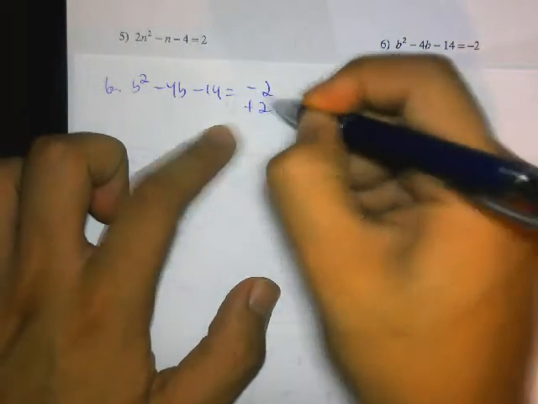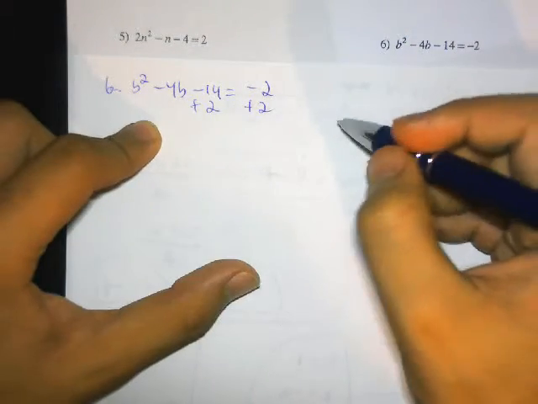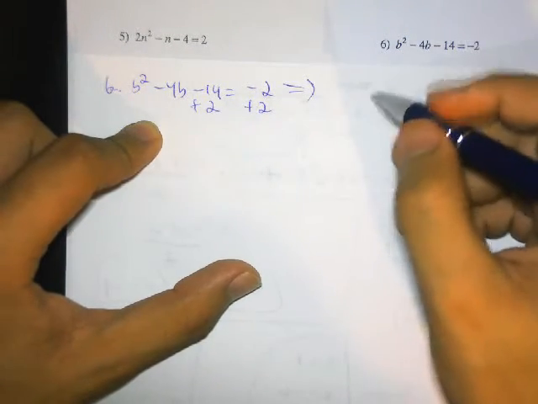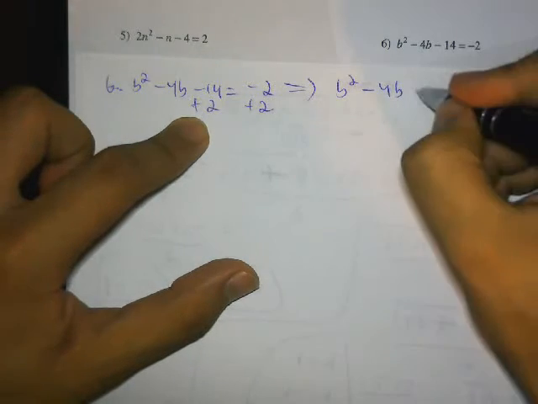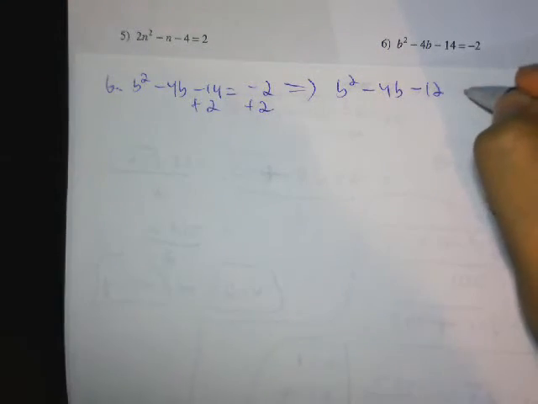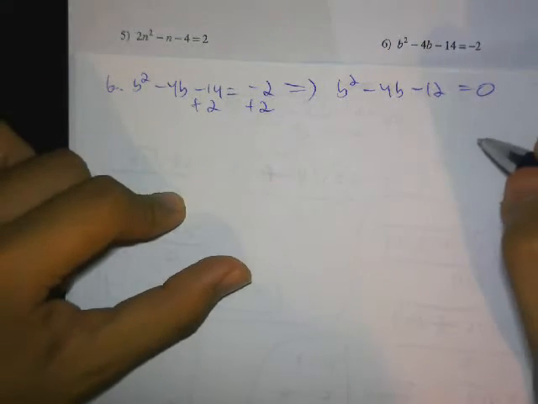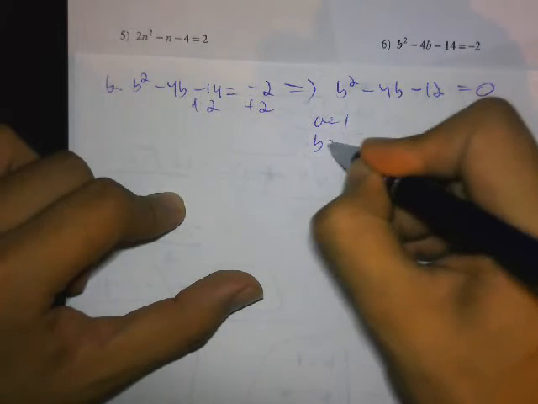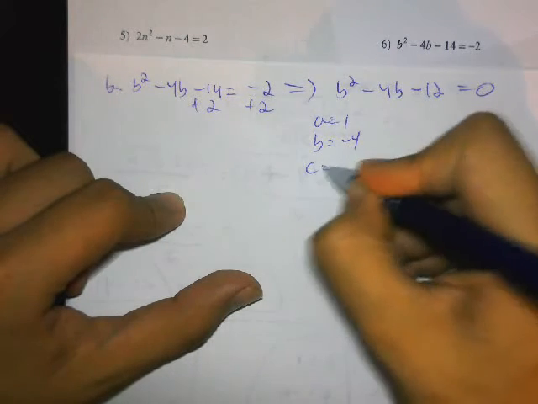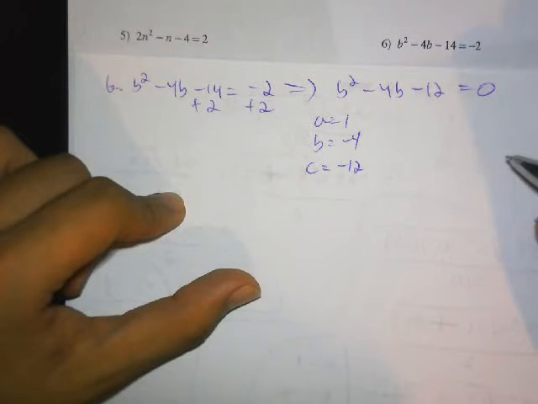So make sure that you add the 2 to both sides this time. So now we get b squared minus 4b minus 12 is equal to 0. My a is equal to 1, my b is equal to negative 4, and my c is negative 12.